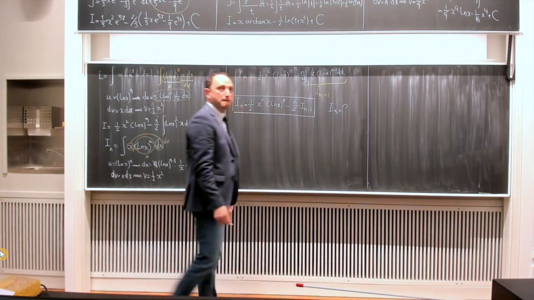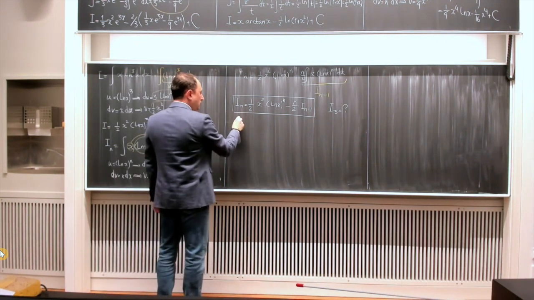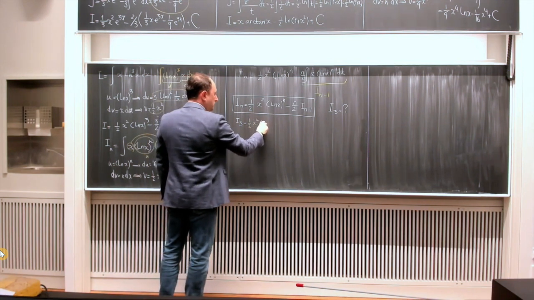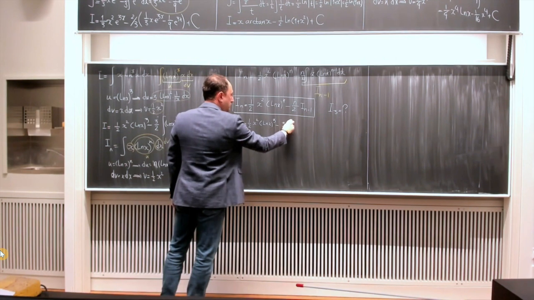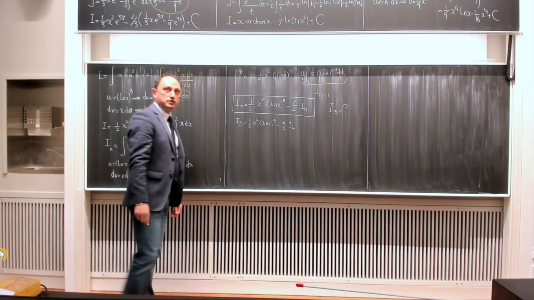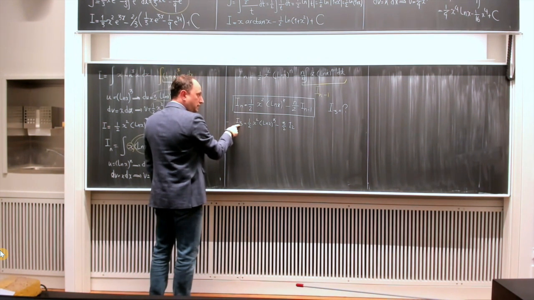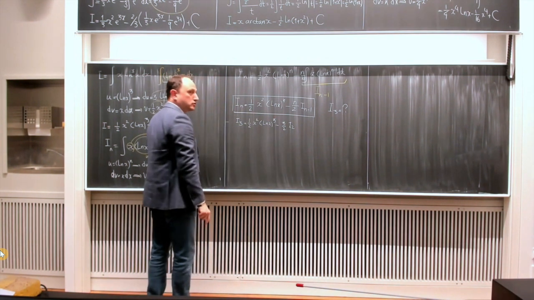Do you agree? Okay, so it means that I put n equals 3 here. What do I get? I3 becomes 1 over 2 x to power 2 ln of x to power 3 minus 3 over 2 I2. Yes? And then I3, that is my question mark, is related to the previous one, which is I2.